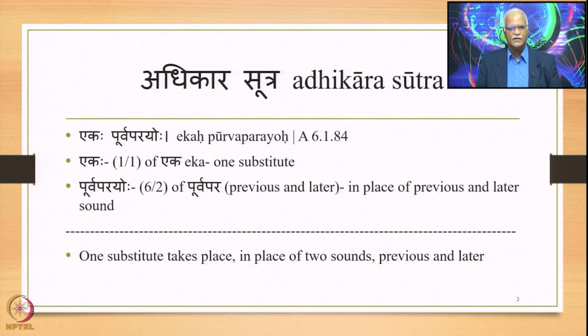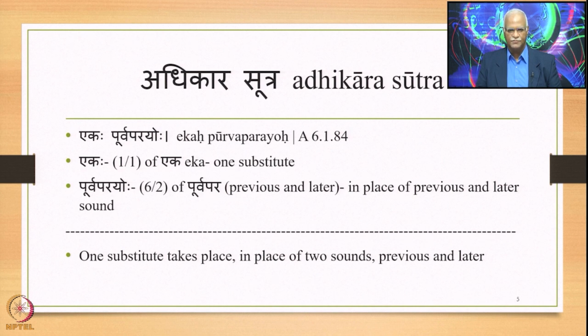This dvisthanika ekadesha is stated by the Adhikara Sutra ekah purva parayoho. This is 6.1.84. There are two words in this sutra: ekaha, 1/1 of eka, meaning one substitute. Purva parayoho is 6/2 of purva para.